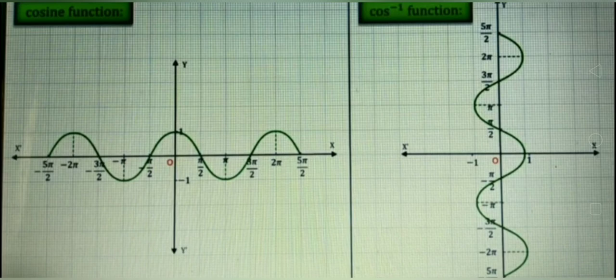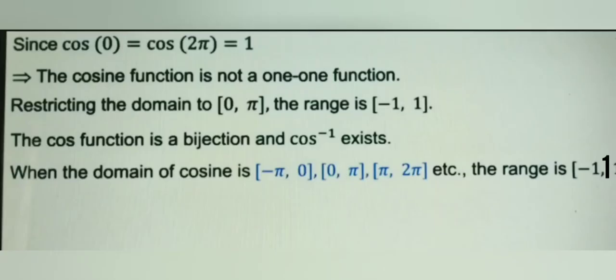The x-axis of the cosine function represents the angle and the y-axis represents the value, whereas the x-axis of the cos inverse function represents the value and the y-axis represents the angle. Likewise, cos 0 and cos 2 pi, the value is 1, and therefore the cosine function is not a one one function.